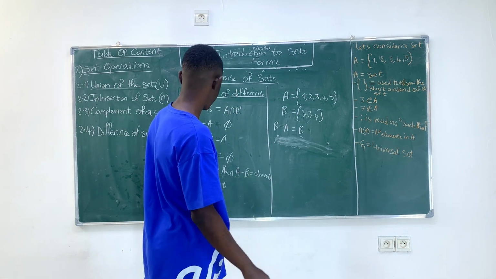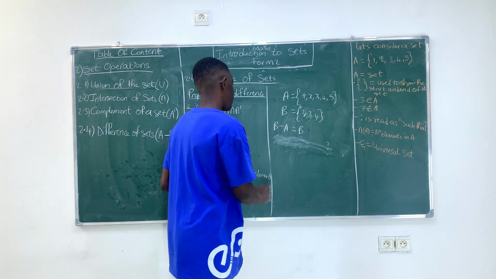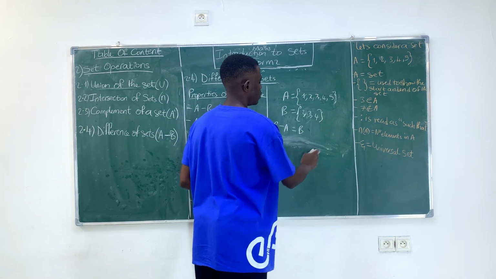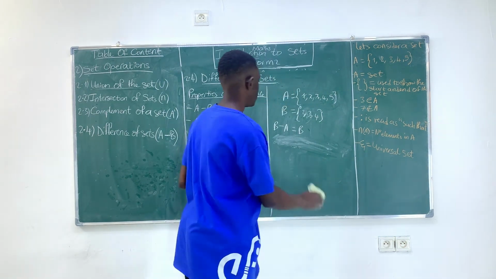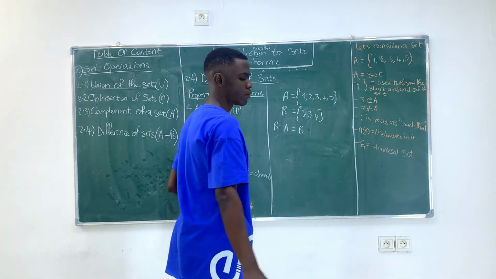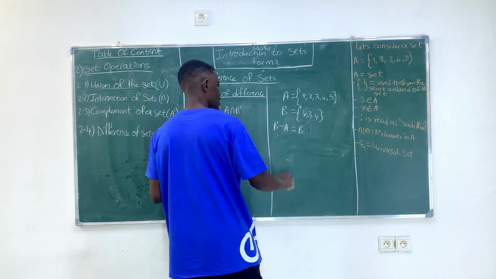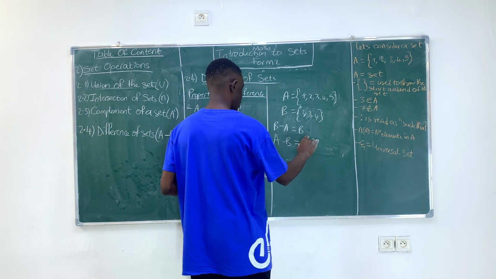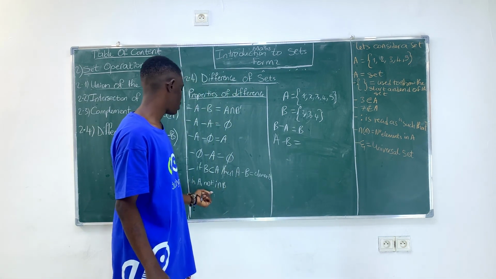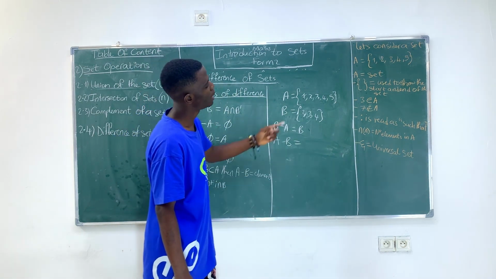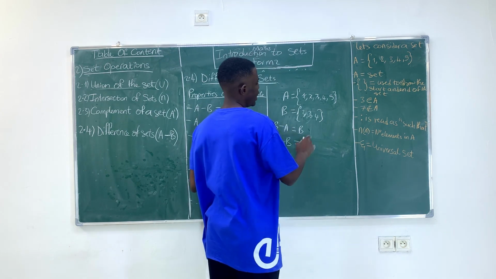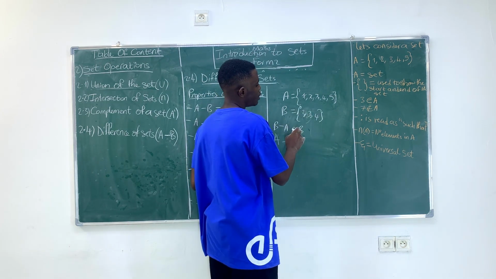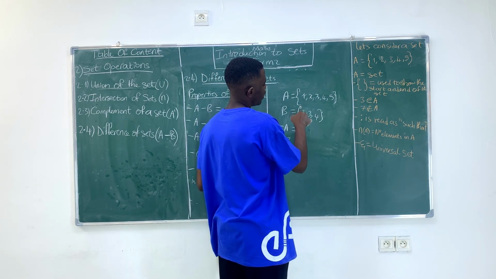This law here says, given that B is a subset of A, A minus B is just the elements of A which are not found in B. So what are the elements of A here which are not found in this B? Is 1 found in this B?